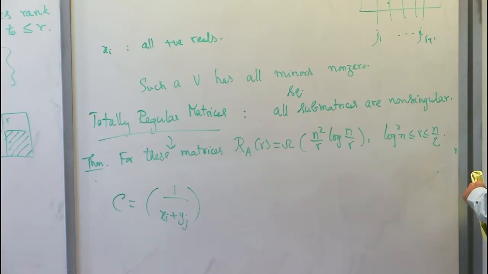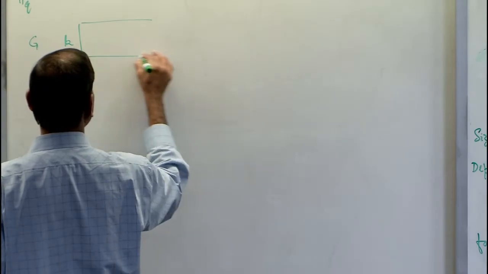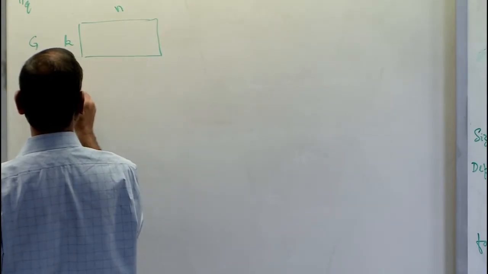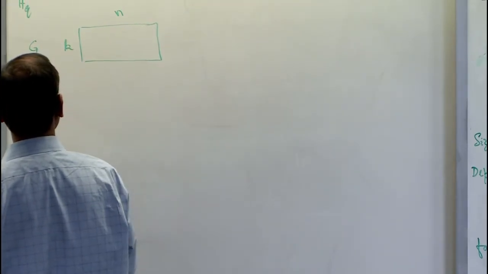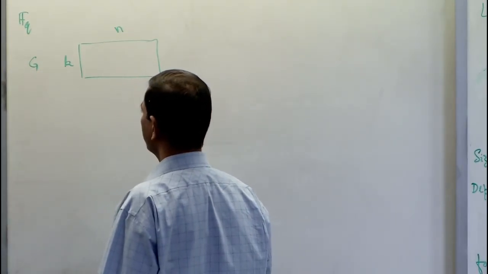Because this is the best result known so far on finite fields, let me just state that. Now consider a finite field F_q, and the generator matrix of an error correcting code is a K by N matrix. In coding theory, they write vectors as row vectors, so we'll stick to that notation.